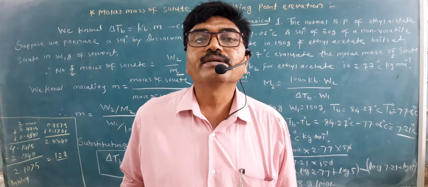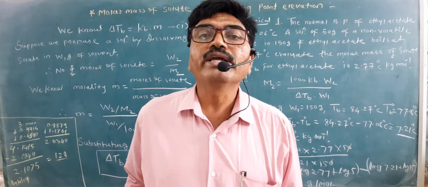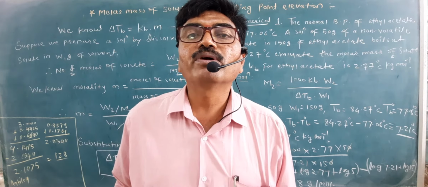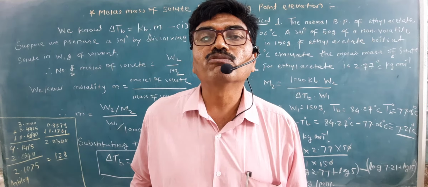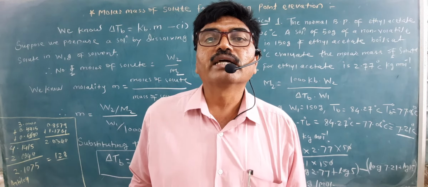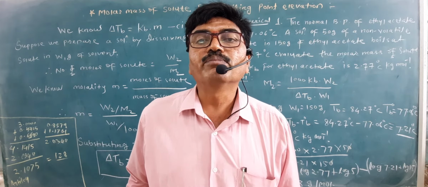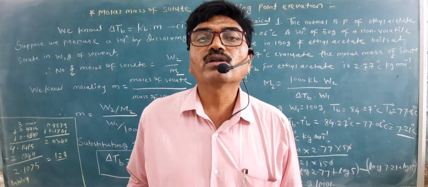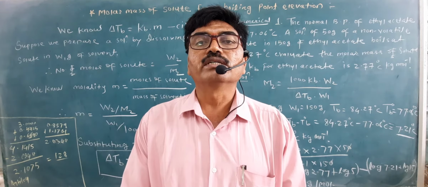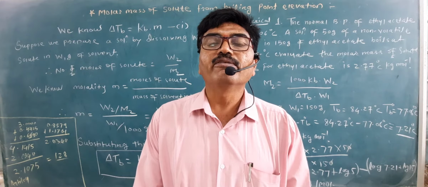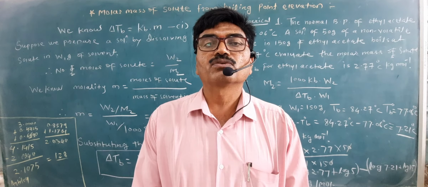And that's why at a higher temperature the vapor pressure of the solution becomes equal to 1 atmosphere, so more heat is required for the solution, and that's why the boiling point elevates or increases.